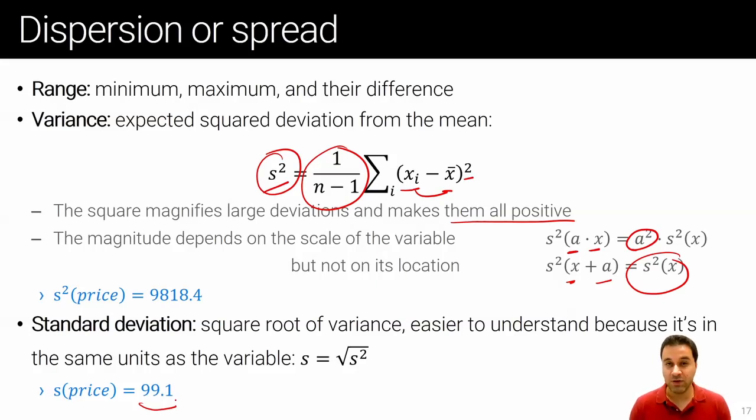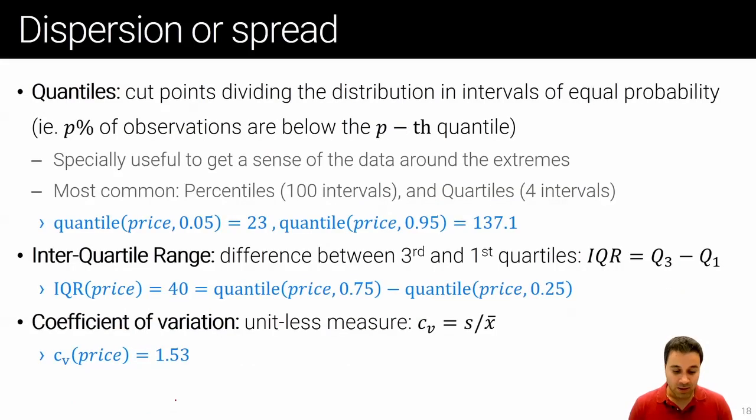Anyway, a lot of the time we use variance because it has nicer statistical properties, but typically what you want to look at is the standard deviation, especially if you want to report dispersion in a numerical variable. And many times we're also interested in more rough cut points, so to speak.